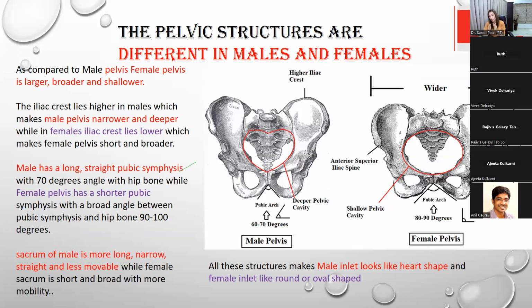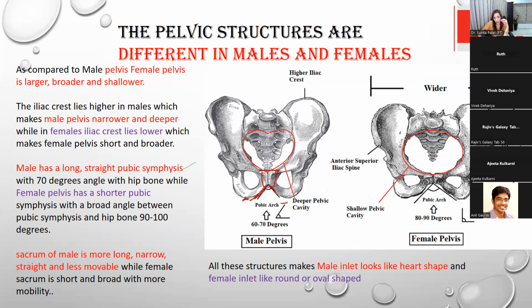Now, a very important thing for the assessment is assessing the pubic arch. We have the pubic symphysis, which we can palpate, and you can palpate your sit bone on the sides. Then there are the pubic rami and ischial rami.